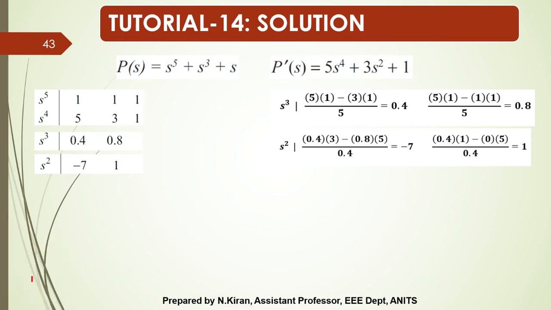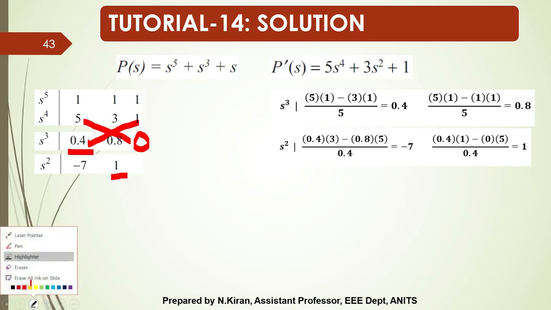The next element, since this element is 0, it is minus 0.4 into 1 minus 0 into 5 divided by 0.4, which will give me 1, the second element in the corresponding row S square.